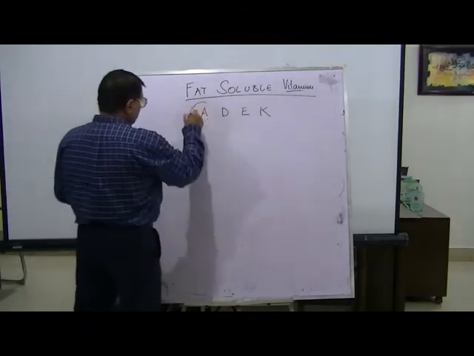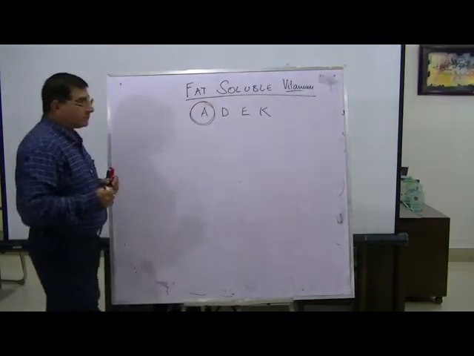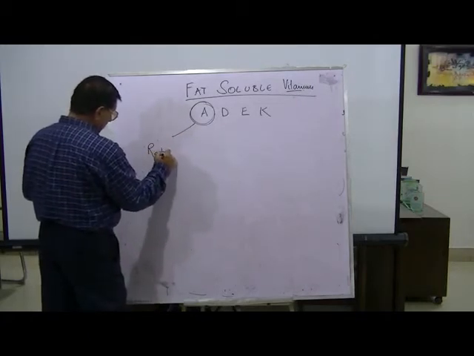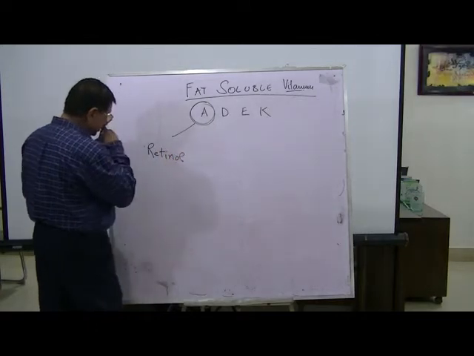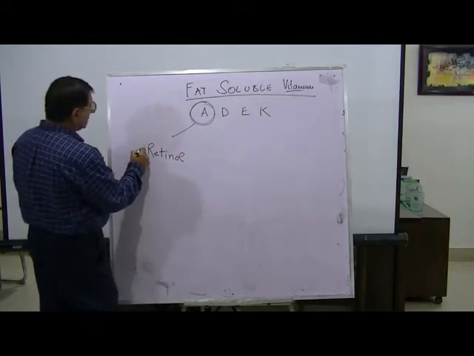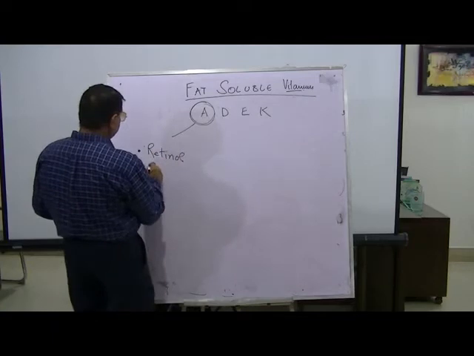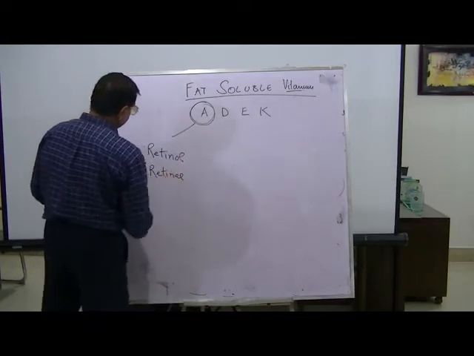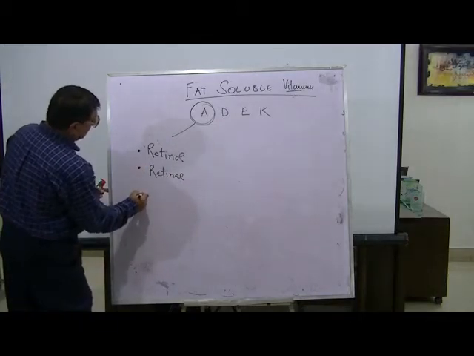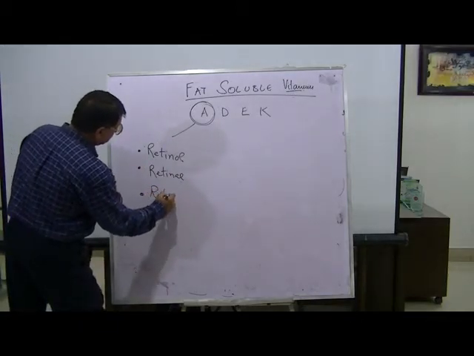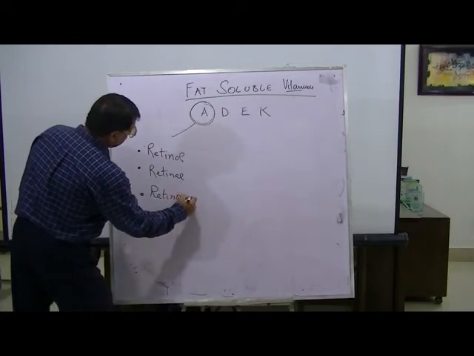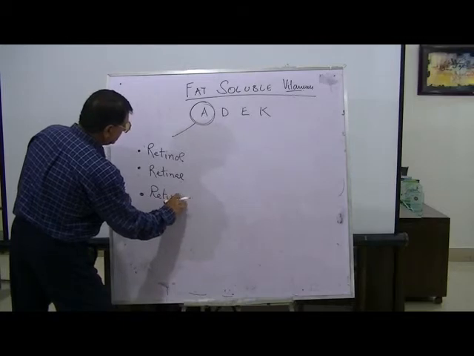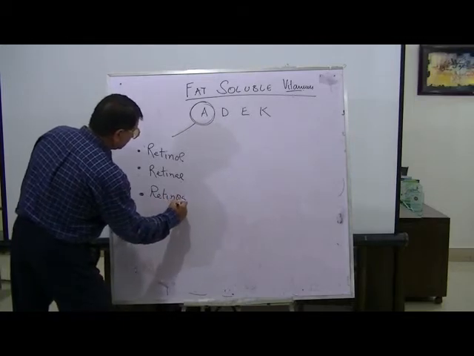We are going to talk about vitamin A. There are different types of vitamin A: retinol, retinal and retinoic acid.